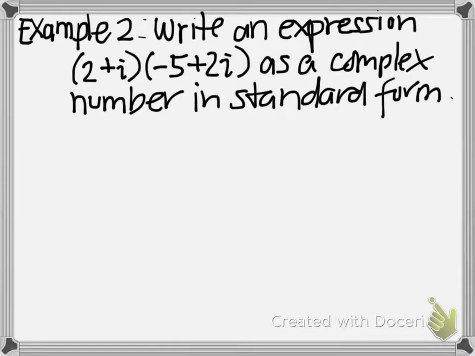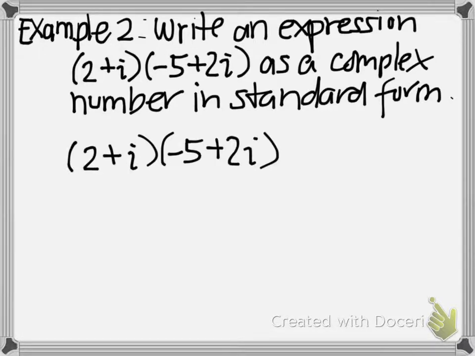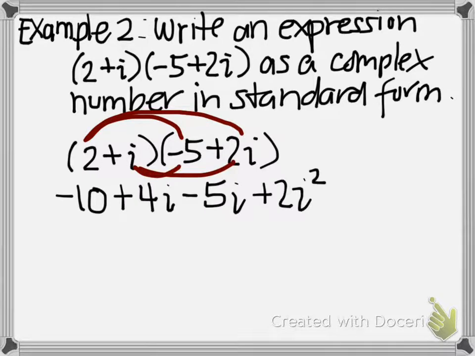Now here's a problem where you're multiplying two binomials. So we just basically have to follow the rules of the distributive property, or most people know it as FOIL. So if I go ahead and do this, we're going to take 2 times negative 5, which is negative 10, and then we're going to take 2 times 2i, which is 4i.